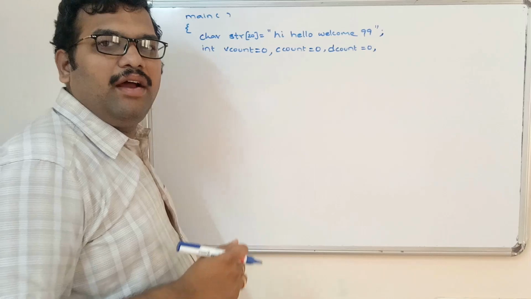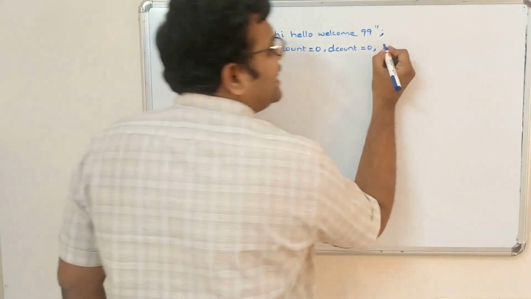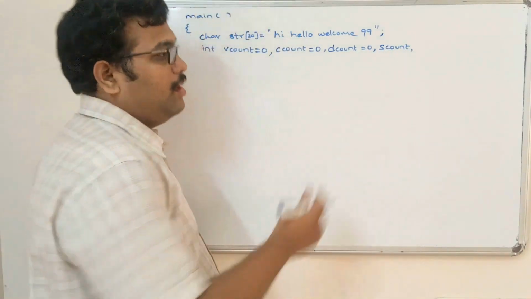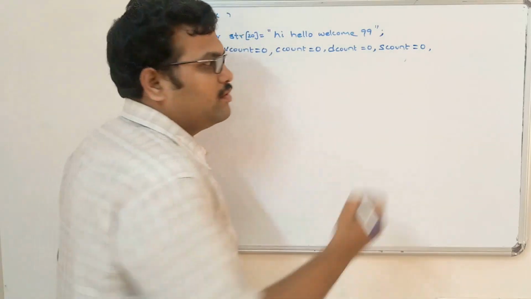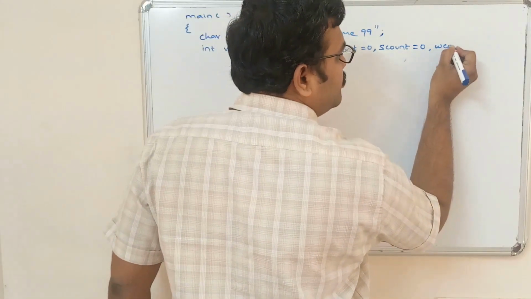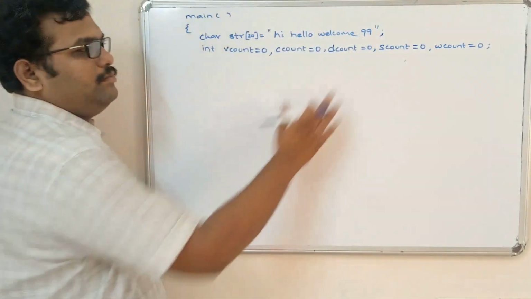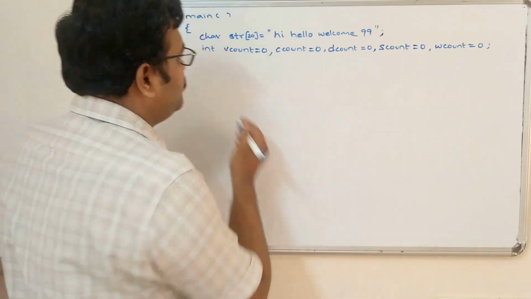After d count we have to count the spaces, so s count, and then the word count, w count, is equal to 0.